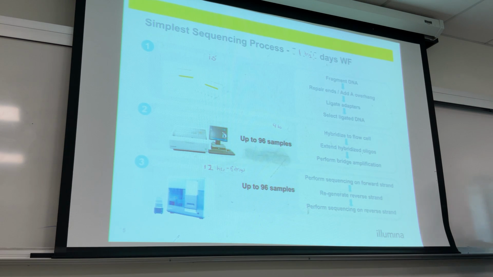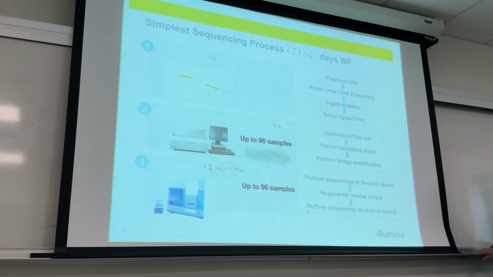So if you can take your fragments and bind adapters to which you know the sequence inside those adapters, then you have a surface to which you can bind that primer and start sequencing the unknown section of the DNA in between the adapters. So you're adding an A overhang so that you can have an adapter with a little T overhang and ligase to fix it. And so you're specifically selecting for that DNA.